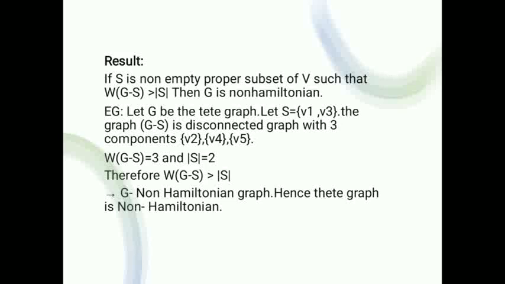Hence, omega of G minus S equals 3, and the number of vertices in the set S is 2. So this satisfies the requirement of the result, namely omega of G minus S is greater than modulus of S. Therefore G is a non-Hamiltonian graph. Hence, the theta graph is non-Hamiltonian.